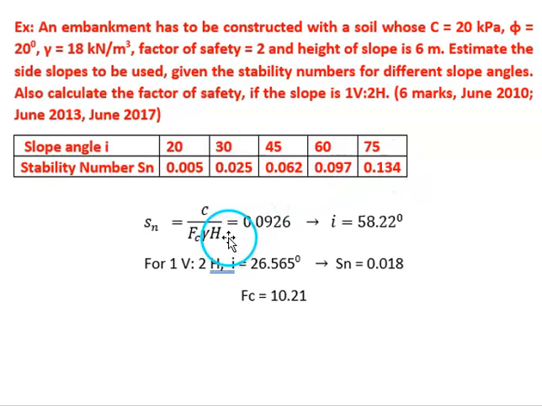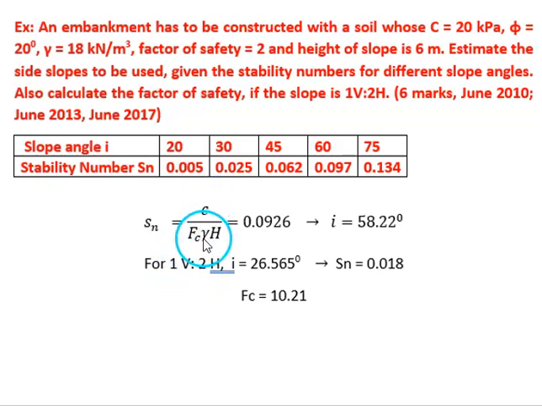So in this problem, first we have to write the equation for stability number, which is equal to C by Fc into gamma into H. Here it is asked to estimate the slope. First we have to estimate the side slopes to be used, so initially the slope angle is to be estimated.